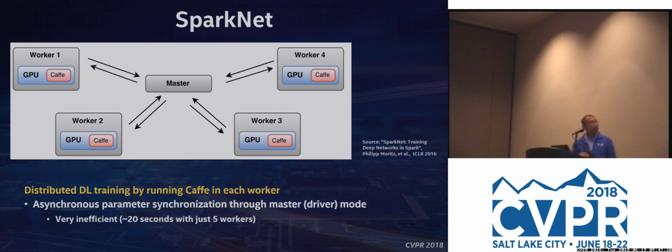It's an asynchronous parameter synchronization in that on each node the Caffe instance will run many iterations to update its weights, and after several iterations they will send the weights to the master to do averaging, and then the master will distribute the new weights to each node. So it's an asynchronous parameter synchronization, and the weight averaging at the master side is very inefficient. It's an interesting research project, but really not that useful for large scale processing.